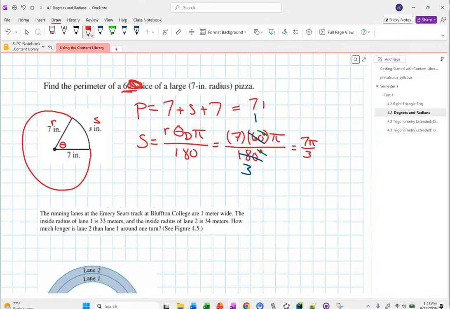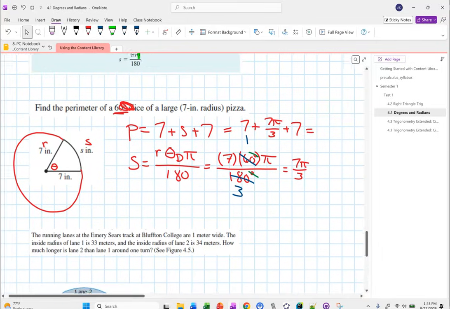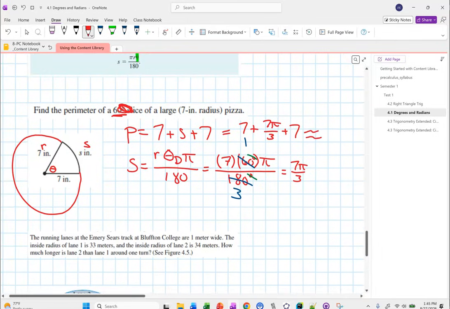So into my calculator, what I'll type is that, and we'll round that to like 2 decimal places or something. Is everybody okay with what I did? So I started by writing my formula for perimeter. There's one piece that I needed to still solve for, and then I used my equation that we quoted before to solve for that missing piece and drop that answer into the formula I wrote at the very start.